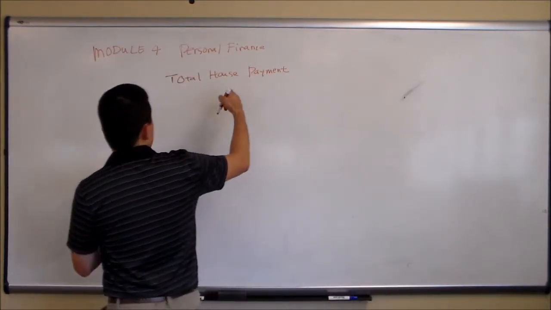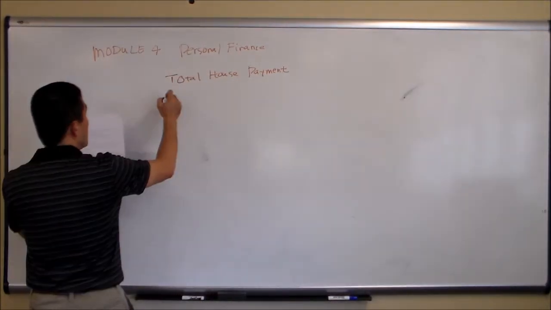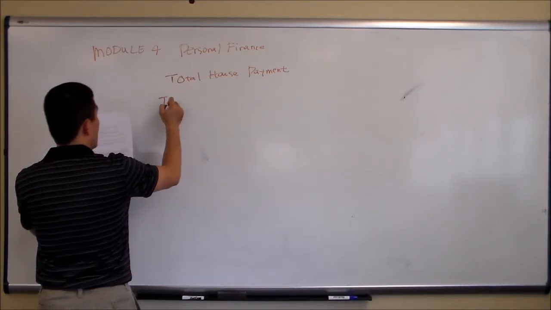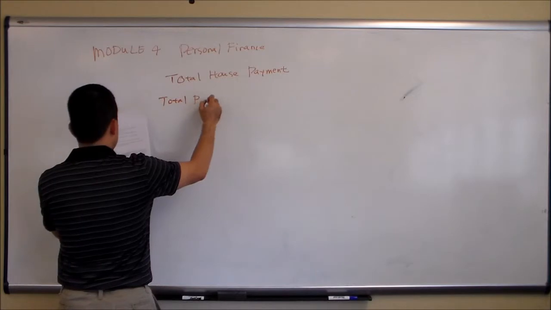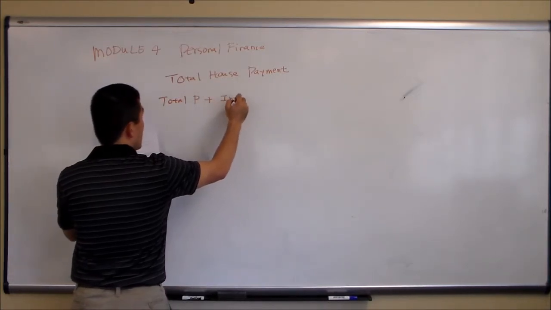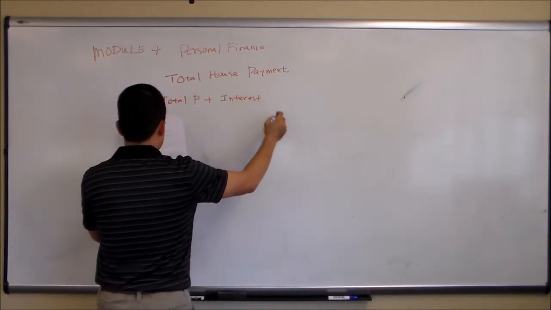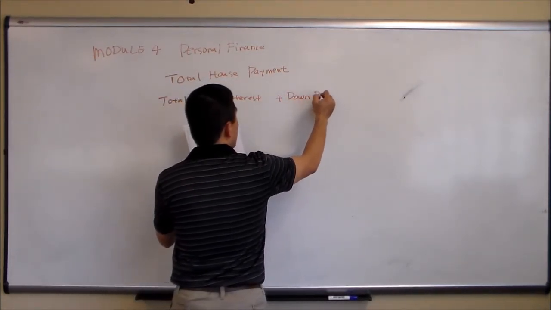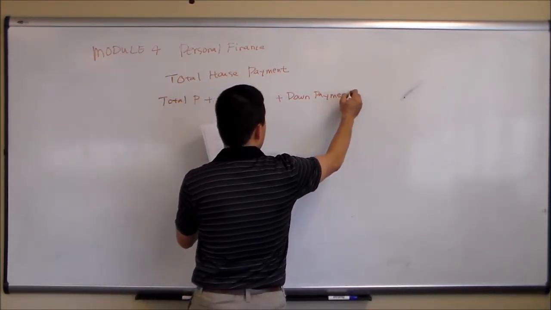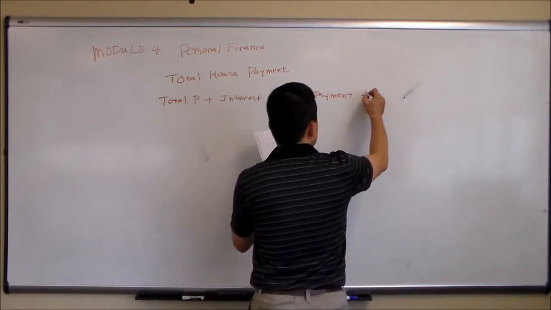So the true cost of a total house payment: principal plus interest plus down payment plus points.